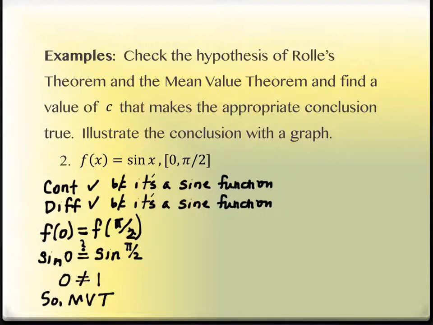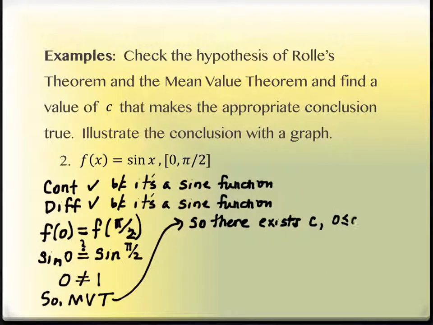So what does the mean value theorem say? Okay, so first, there exists C, and it's between the 0 and the pi over 2.